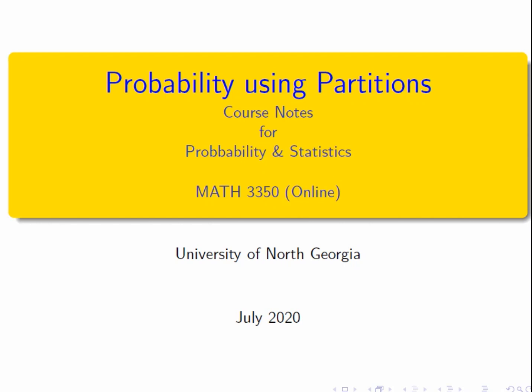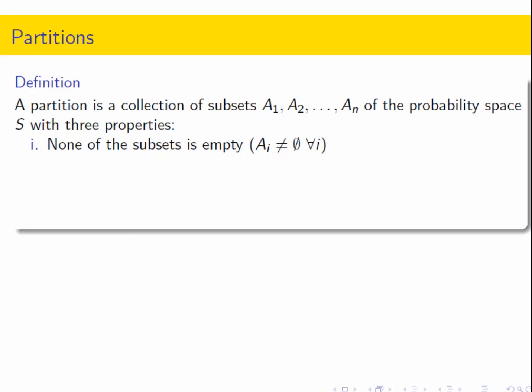Now, partitions are a group of subsets that completely cover a probability space, and they have some important properties. We have this collection of subsets, and none of them is empty, so every single one of the subsets has something in it. The subsets are all pairwise disjoint.